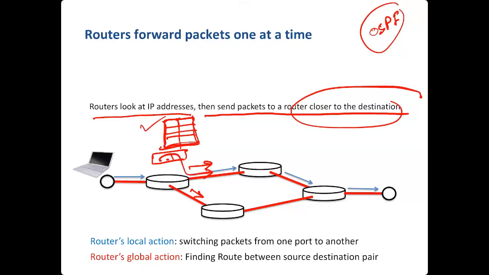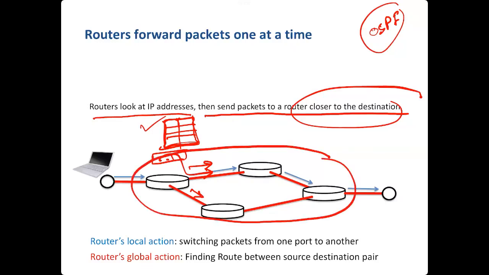Like a traffic policeman on the way who will have some paper on which it says that if somebody is going to Delhi, then take the left side of the route rather than the right side of the road. So that kind of local decision happens all throughout when you travel from Mandi to Delhi. At each point, the traffic police decides where to send you.